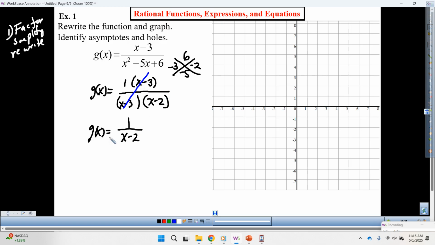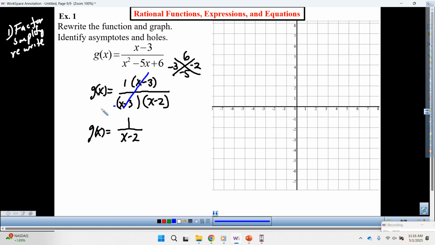So now, if I was to ask you to graph this, you should know how to graph this by now. However, writing utensils down before you continue, let me show you something now that is new. Writing utensils down, look up to the screen. What did we just take away from the entire function? X minus 3, is that correct, from top and bottom?